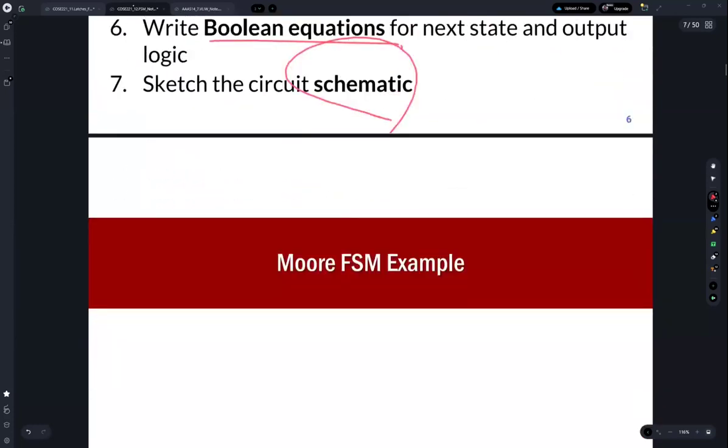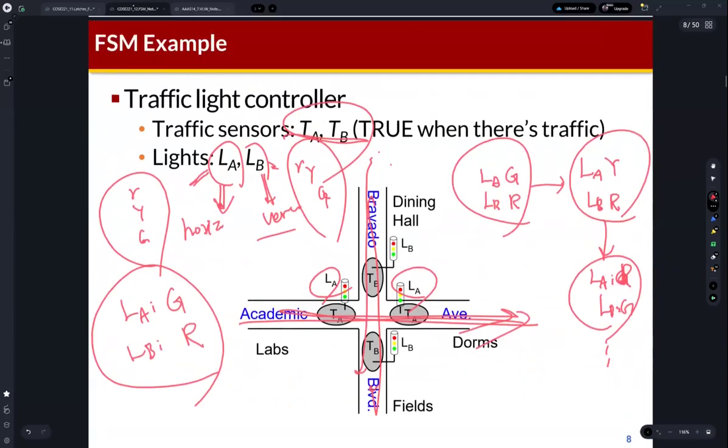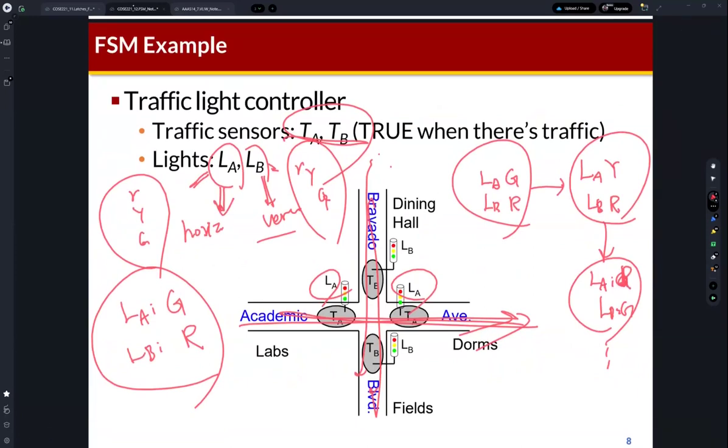Okay. So this is the FSM example that I showed in the previous class, right? In this example, let us assume we are requested to design traffic signals. This is the intersection of the horizontal road and the vertical road, right?